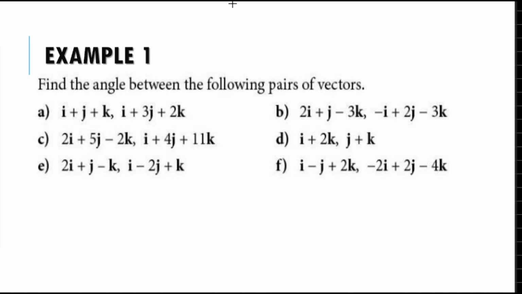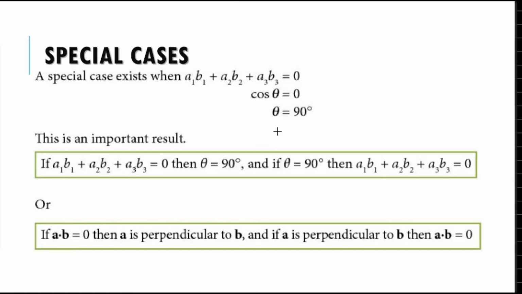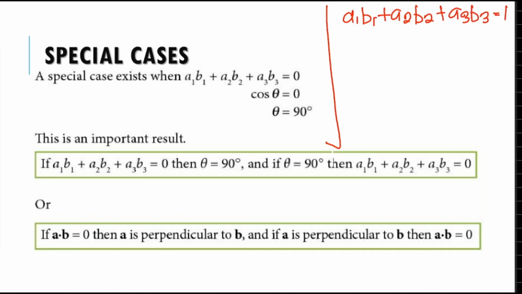And then the other case is parallel. Let's analyze that here also. If we have that a1 b1 plus a2 b2 plus a3 b3 over the magnitudes equals 1, what do we have?